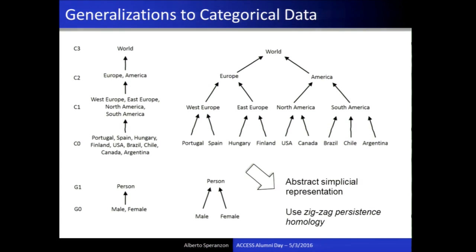So now I have what is called more of an abstract simplicial representation. The previous one was a geometric one because I had the underlying geometry, and here there is no geometry anymore. Now you need to rely on a more complicated way to compute the persistent homology. It's called zigzag, to be able to get similar results. There are approximations here, though, that you need to take.